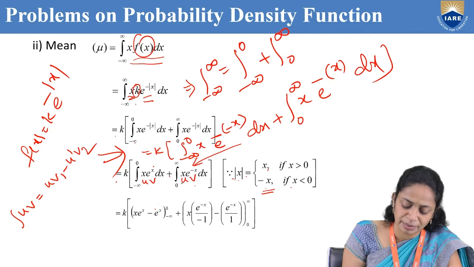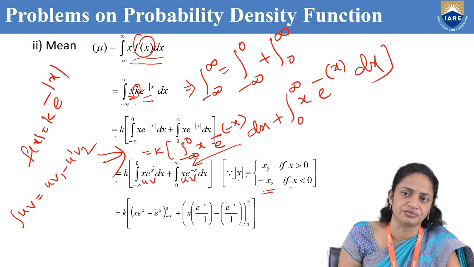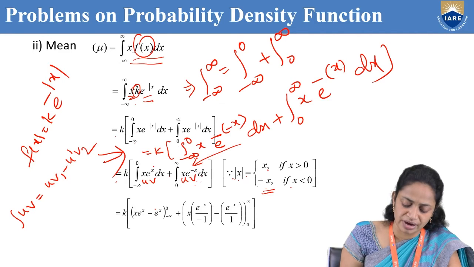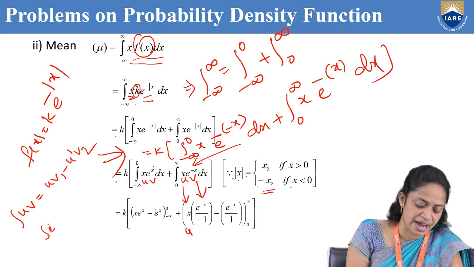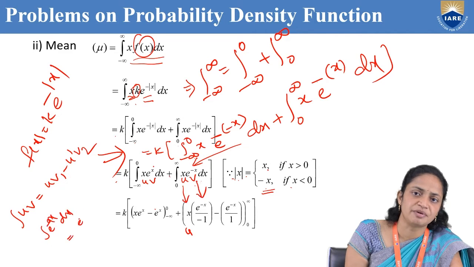Like that, this will also be in the form of integration of uv, right? So u v1, where u is x. Okay, v1 is the integration of e power minus x; e power minus ax integrates to e power minus ax by minus a. So the integration of e power minus x dx is e power minus x by minus 1.